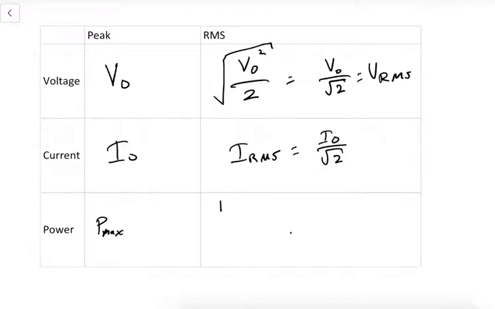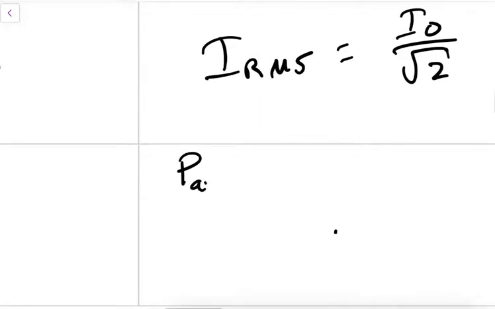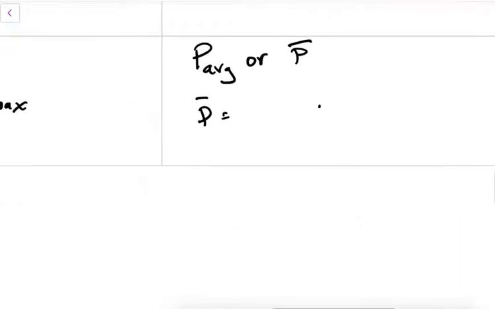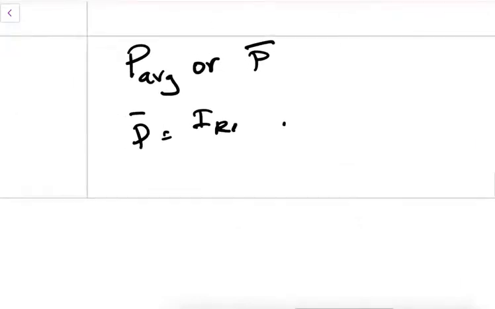So we can write it two ways: P average, or you're also going to see it as P bar. That's just another way of writing the mean of the power, which is the average. So to solve for that, let's just call it P bar because that's what it says in your data booklet. That's just equal to the IRMS times your VRMS.